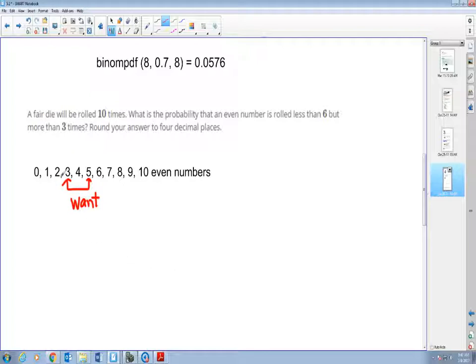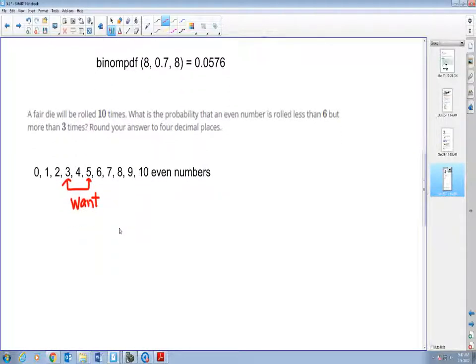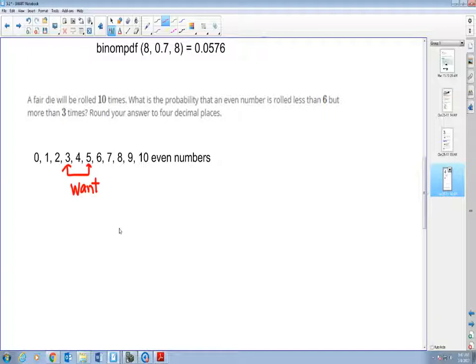How can I just find from 3 to 5? This is where it's interesting. You have to be less than 6 but more than 3 times. So this is where it gets fun. As you can see, what I don't want is 0 all the way up to 2.